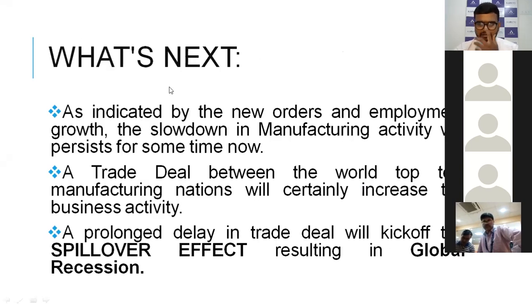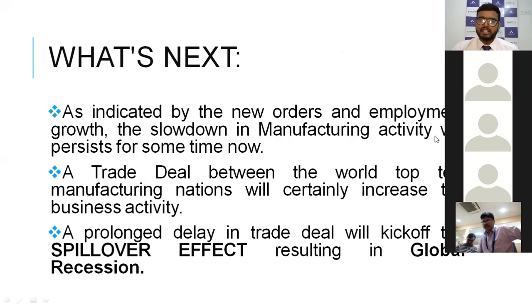As indicated by the new orders and the employment growth in manufacturing activity, there was a definite slowdown in new orders. Companies are not receiving new orders and they are also not employing new people into manufacturing activity. This signifies that the effect of the trade war on manufacturing activity will be there for some more time.